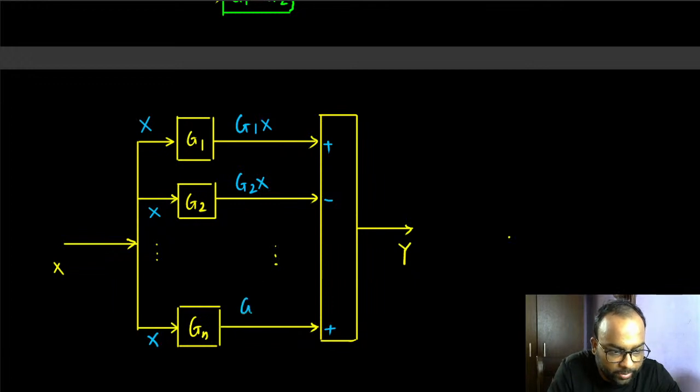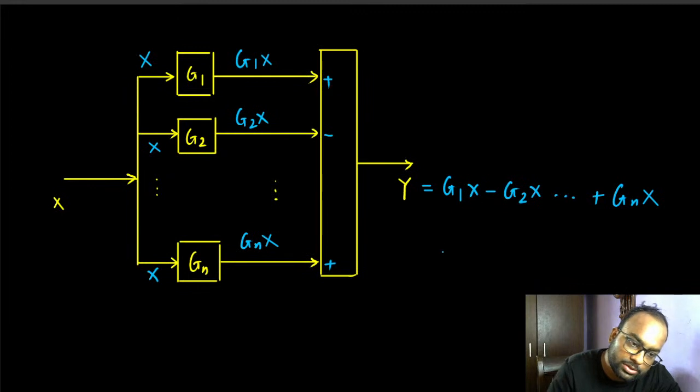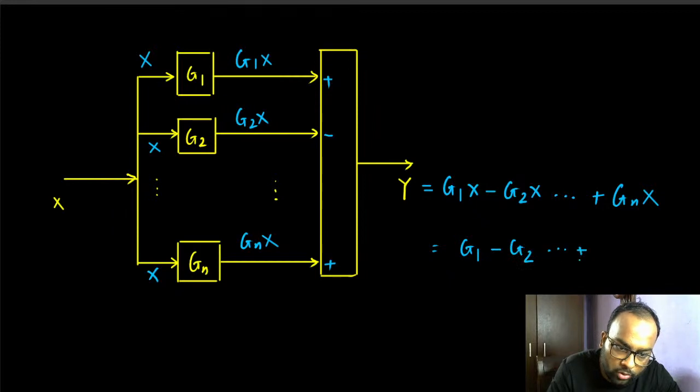Similarly, this is going to be Gnx. That way, of course, the output is going to be G1x minus G2x plus Gnx, and so on. So that way this is going to be something like G1 minus G2 and so on, I don't know, plus Gn.